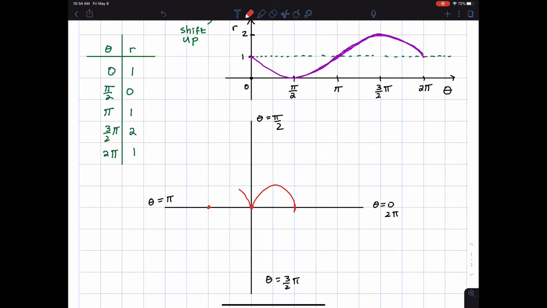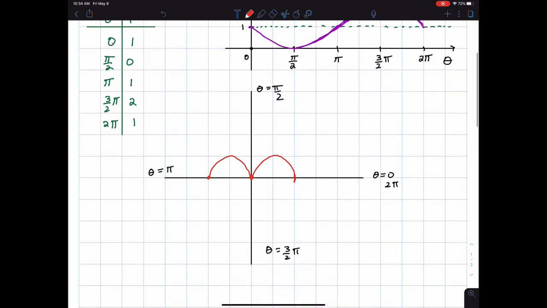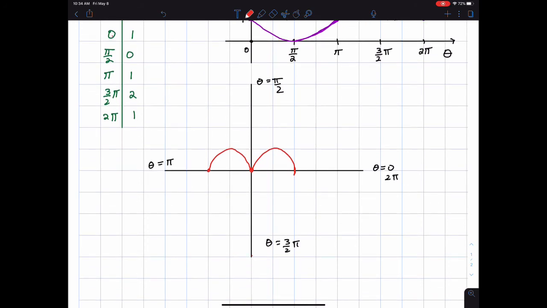Now, how do I know it makes this little smooth curve? Well, we could plot more points, but especially a computer would do that. So it's a little bit like, yeah, I believe it's true because the computer says so. But we would plot more points. And then at 3/2 pi, that's a distance 2 from the pole.